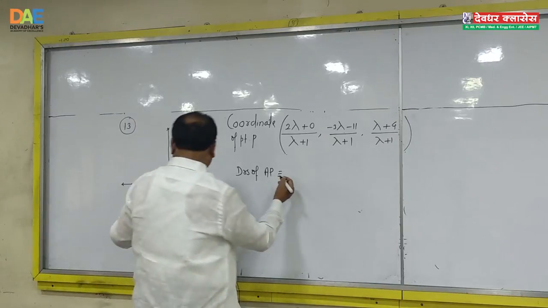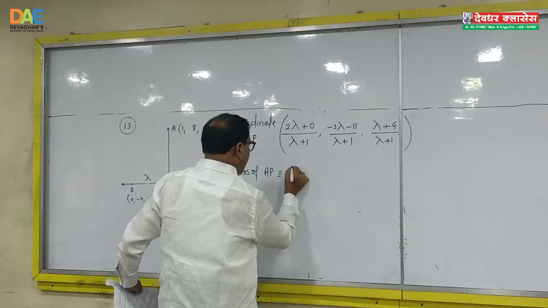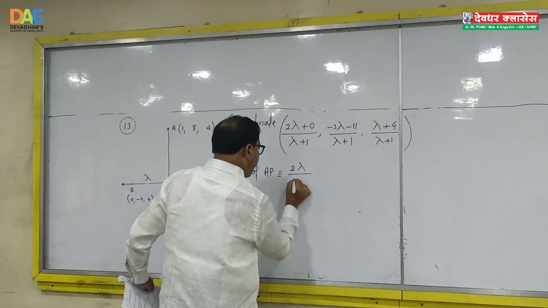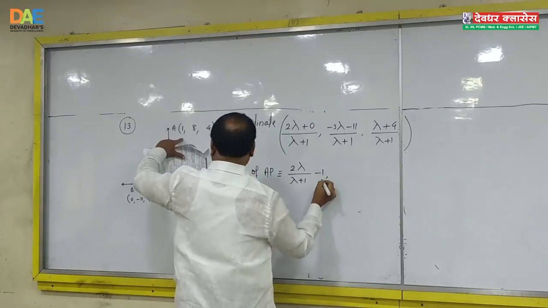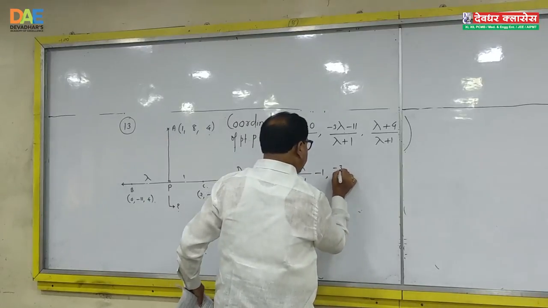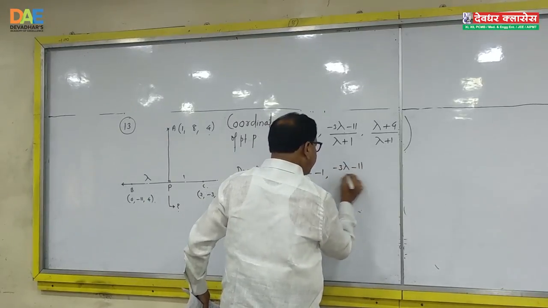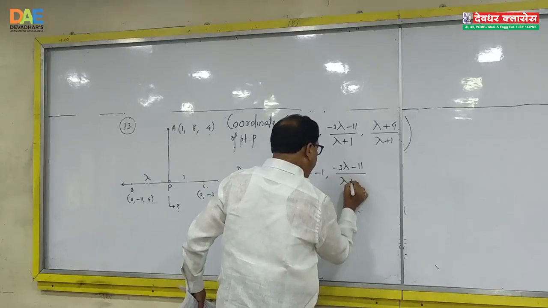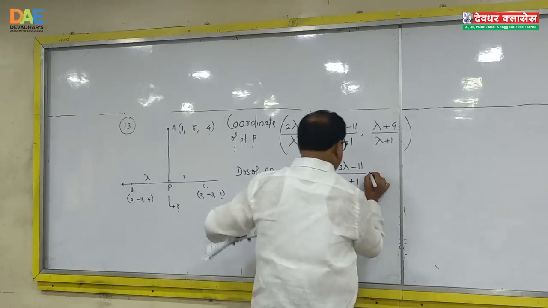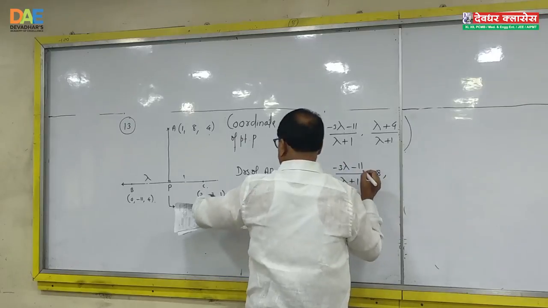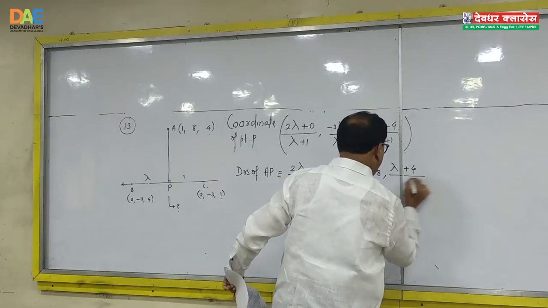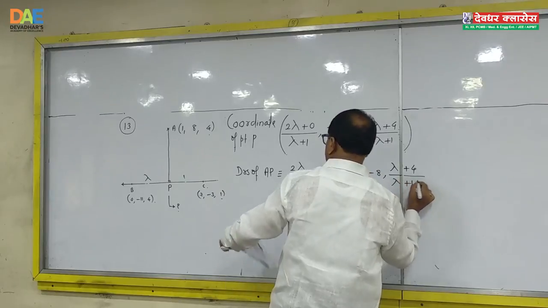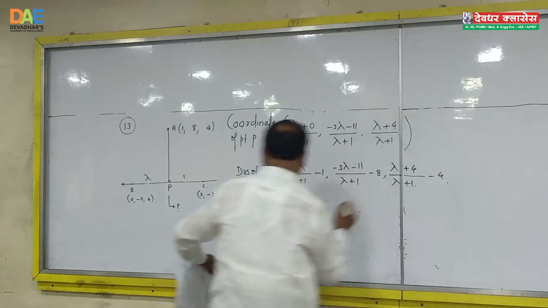So, DRs of AP is 2 lambda upon lambda plus 1 minus 1, comma, (-3 lambda minus 11) upon lambda plus 1 minus 8, comma, (lambda plus 4) upon lambda plus 1 minus 4.